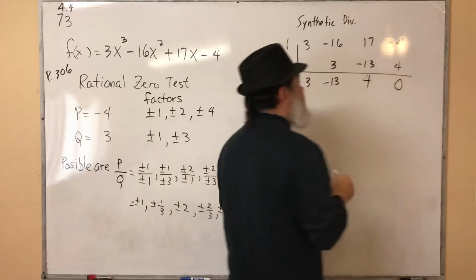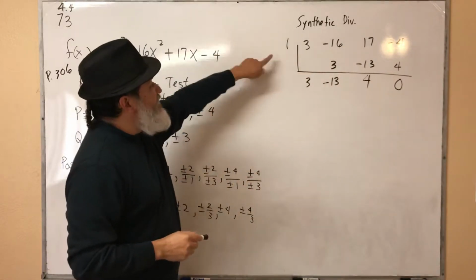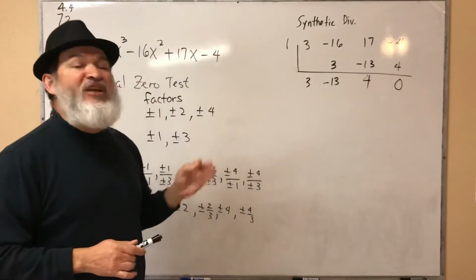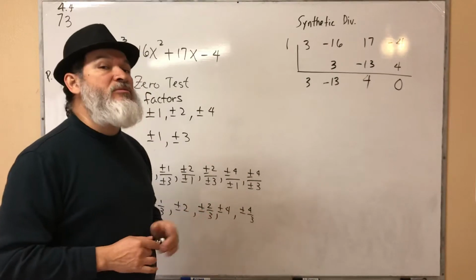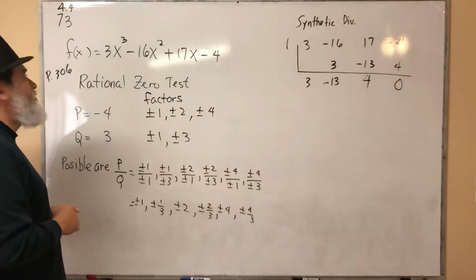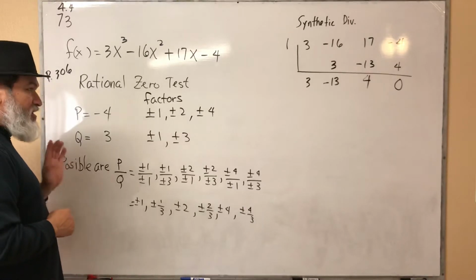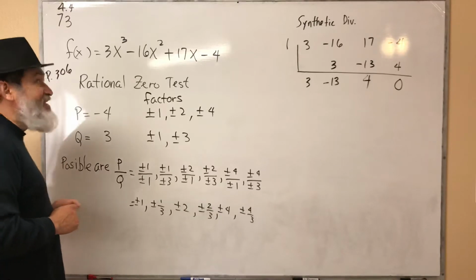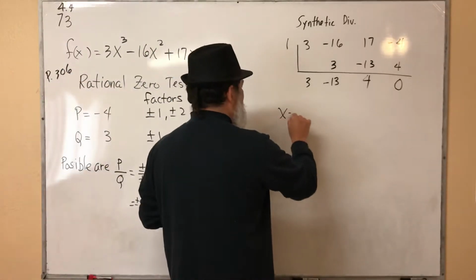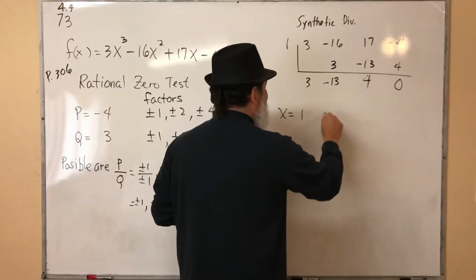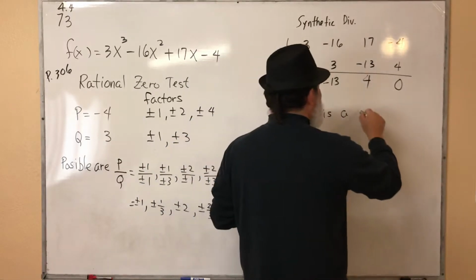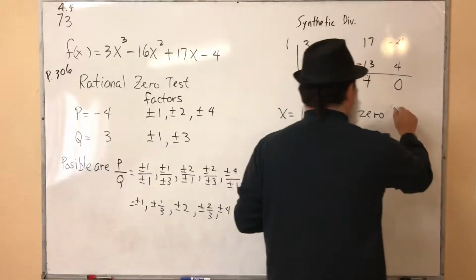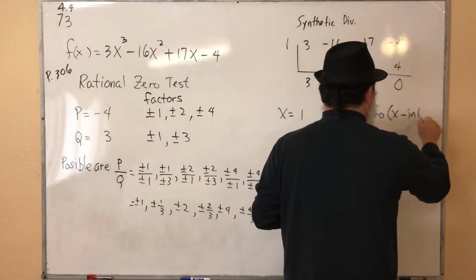Remainder is 0. That means that x equals 1 is an x-intercept or a real zero. Once again, because the remainder is 0, that means that x equals 1 is a zero, an x-intercept.